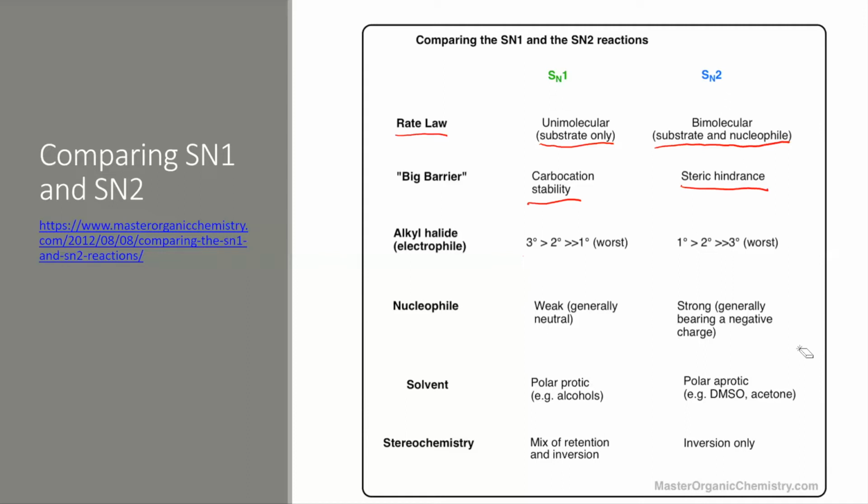What to look for in solvents. SN1 reactions usually tend to have a polar protic solvent. Again, water can act as a nucleophile, but it can also be a polar protic solvent. Or something like an alcohol, like ethanol or methanol.